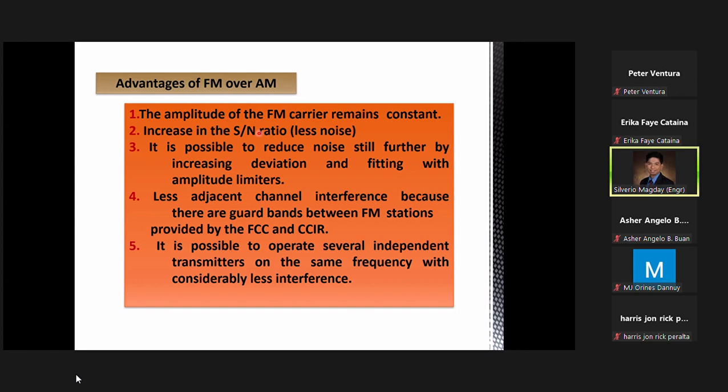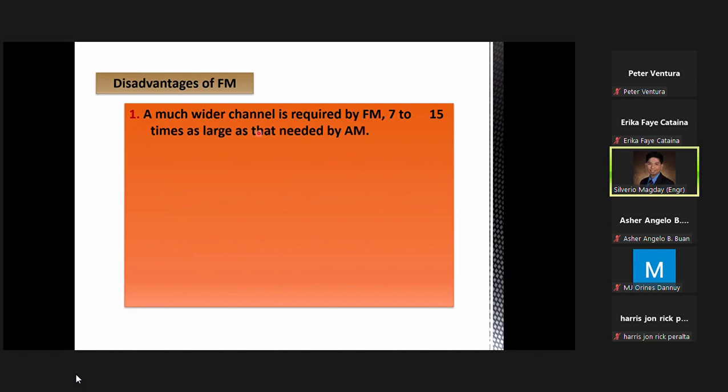It's possible to operate several independent transmitters on the same frequency with considerably less interference. Same frequency pero dapat magkalayo masyado ng area, hindi sila magkakaroon ng interference. Co-channel interference kapag magkapareho sila ng frequency.